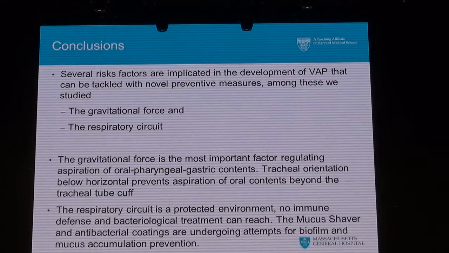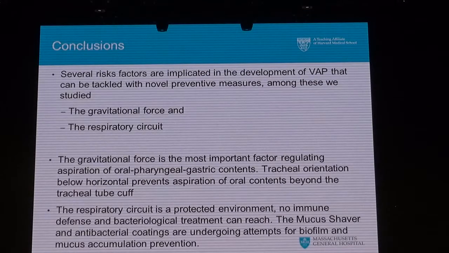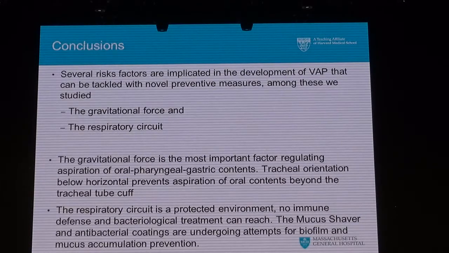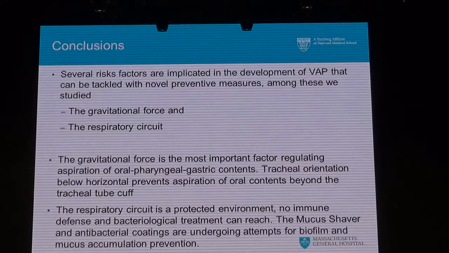When positioning is not feasible for ICU patients, then some devices can be used, but always knowing the limitations that these devices have, which means that the mucus shaver, this cleaning device, and antibacterial coating can prevent or reduce bacterial colonization, but do not avoid it.